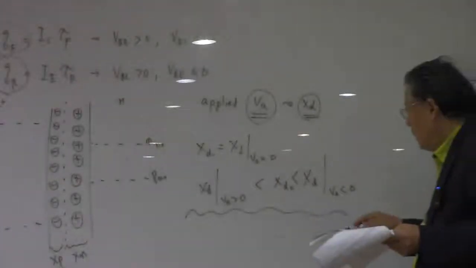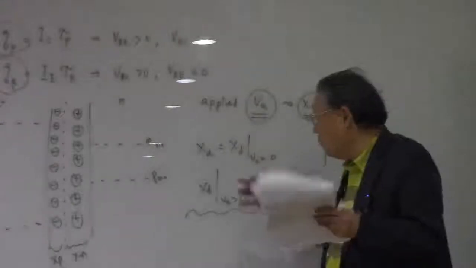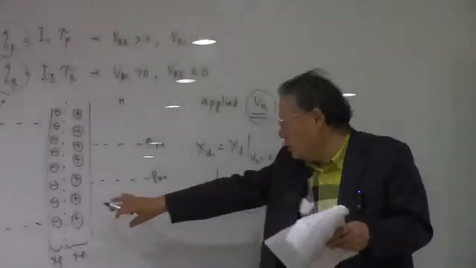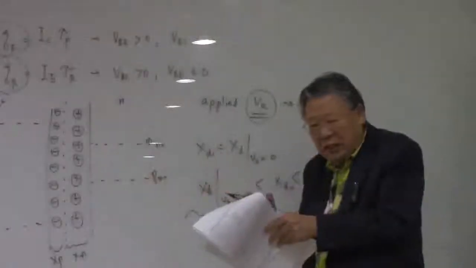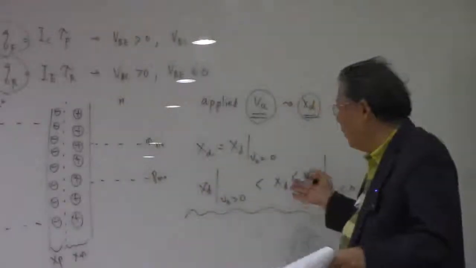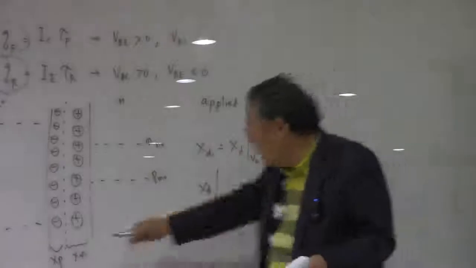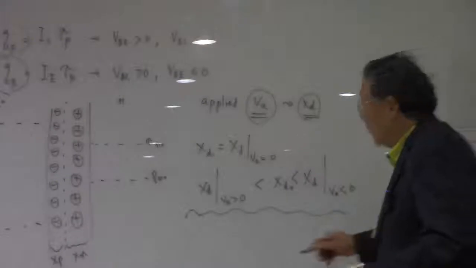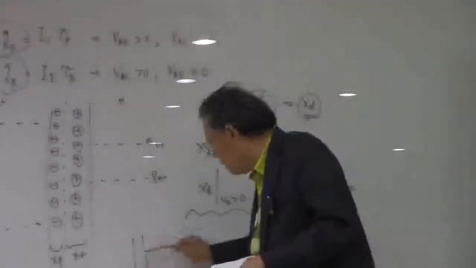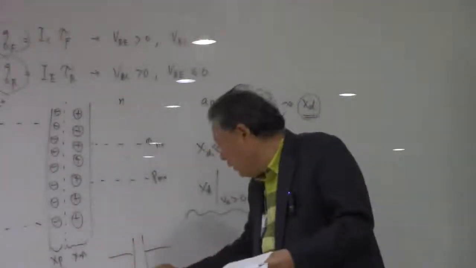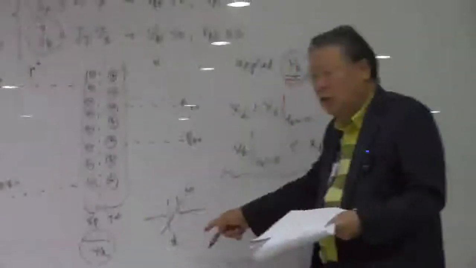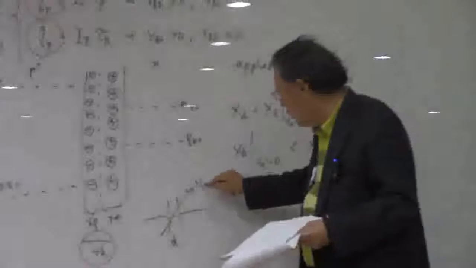This is how the space charge region length is modulated with the applied voltages. In other words, if it is forward biased, then the space charge region is going to decrease, and if it is reverse biased, then the space charge region is going to increase. So obviously we can see that it is a capacitor with a different D that changes with the applied voltage VA.